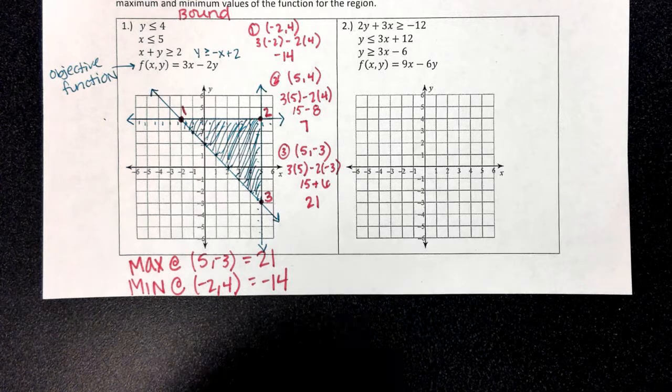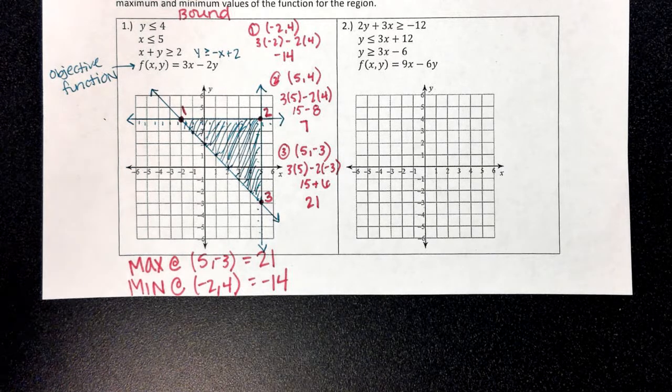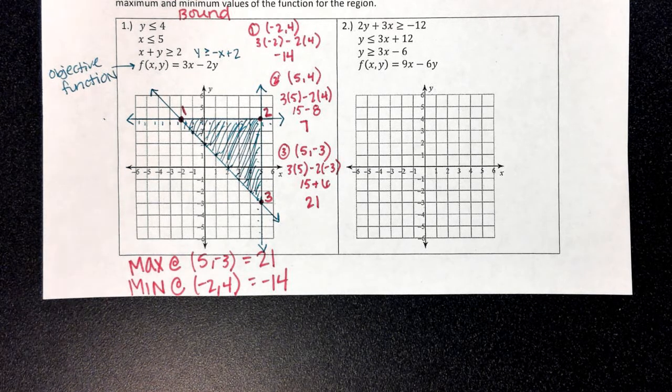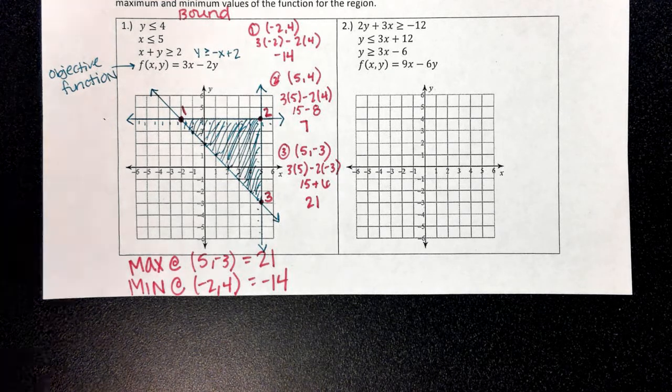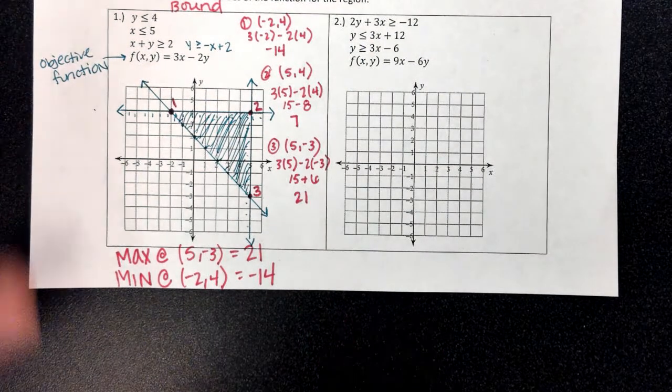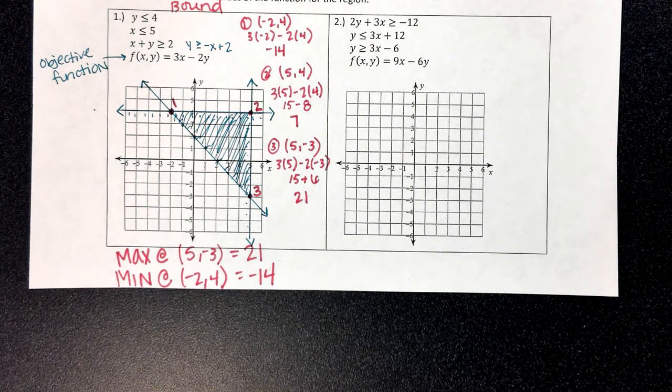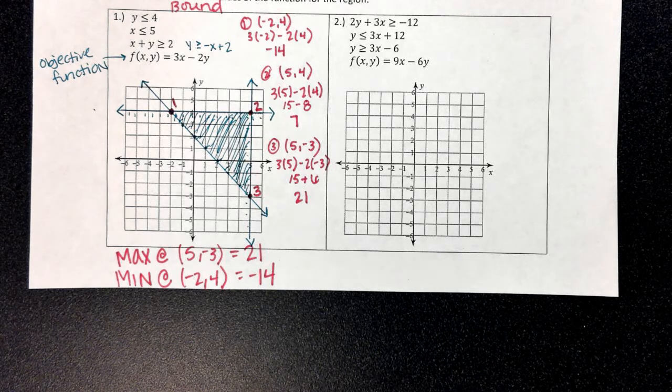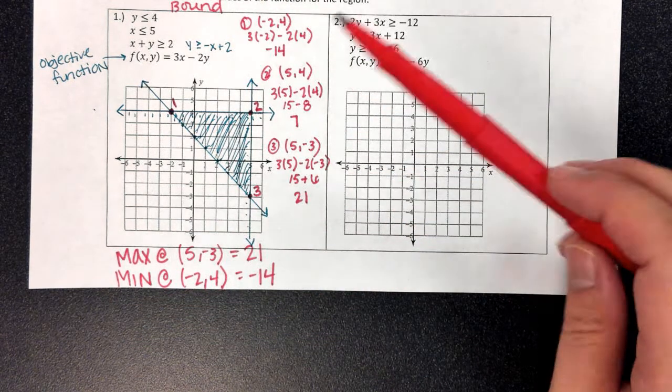I know it doesn't make sense. Like, what does this mean? Okay? I don't care about that today. I care, can we graph it and get the maximum and minimums? When we do the word problems, either at the end of class or tomorrow, it will make sense what it means. Okay? So questions on how to do number 1.